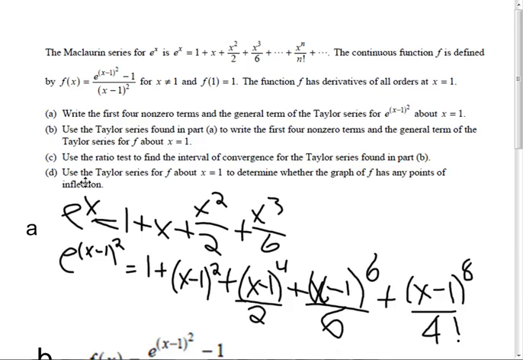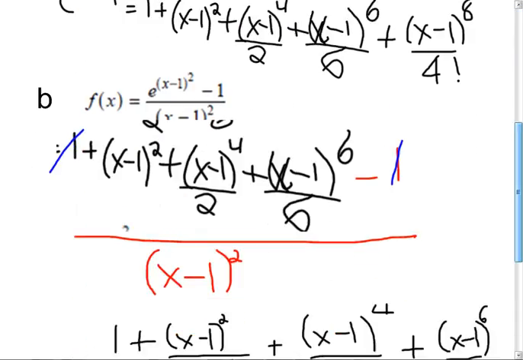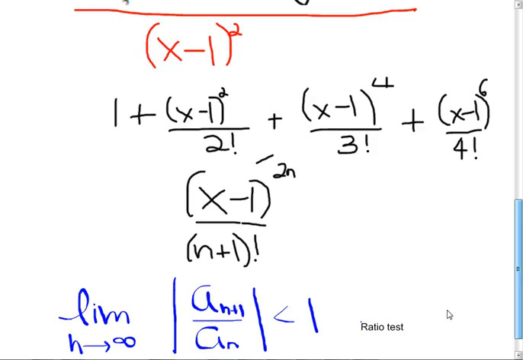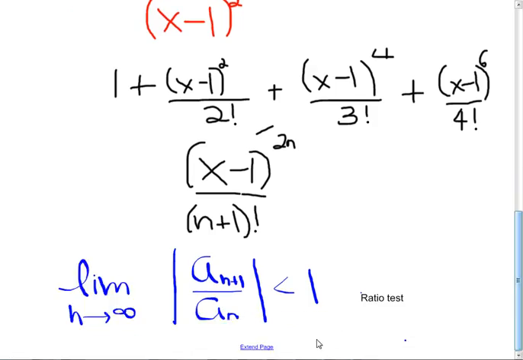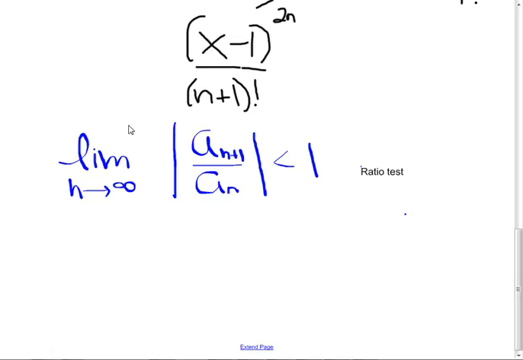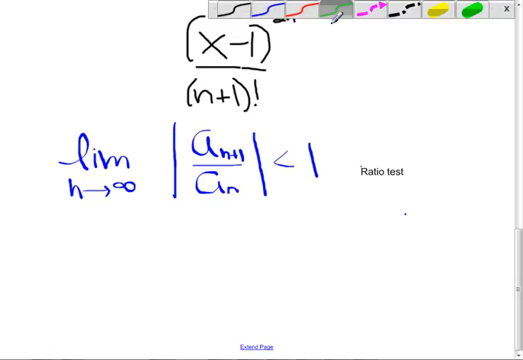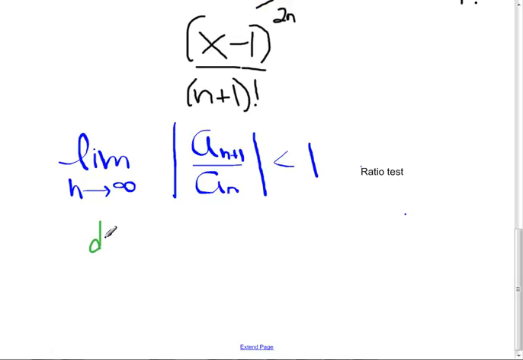That's right. Then it says, use the Taylor series for f, this function here, to determine whether the graph has any points of inflection. What do we look at to do D? F double prime. Okay, so we got to be careful with this. No, we're going to finish this.